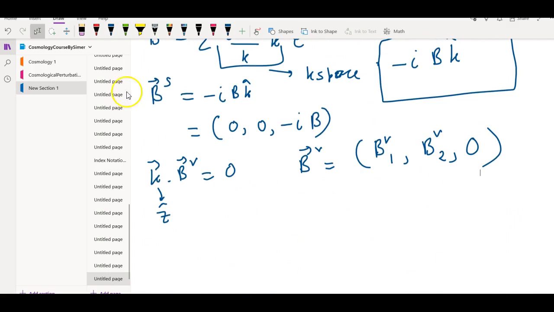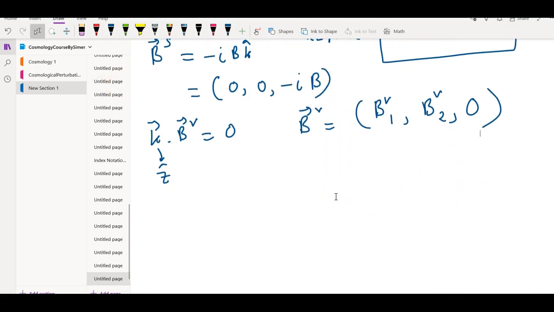So B scalar we figured out, B vector we figured out, and then next we want to figure out E_ij scalar.